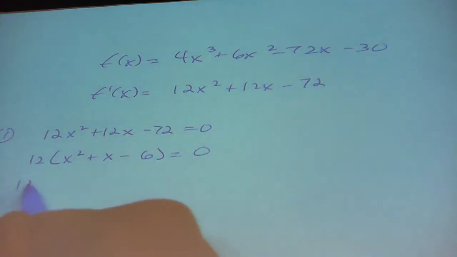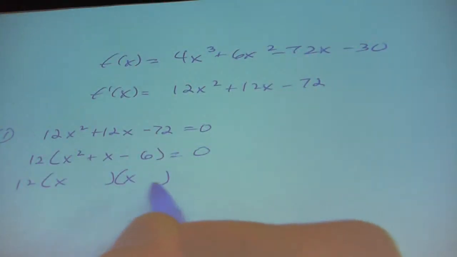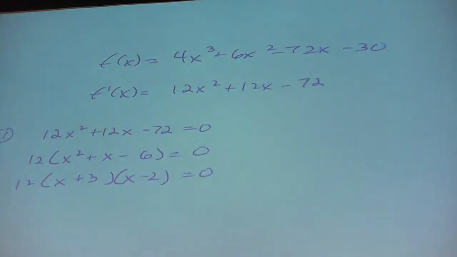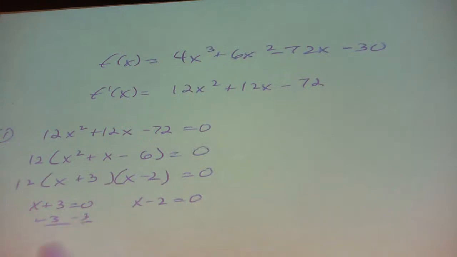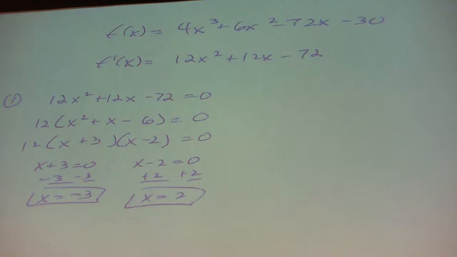Then x squared plus x minus 6 would be x and x, plus 3, minus 2. Then we set each piece, x plus 3 equals 0, x minus 2 equals 0. We get two possible extrema, local max, local mins, at x equals -3, x equals 2.